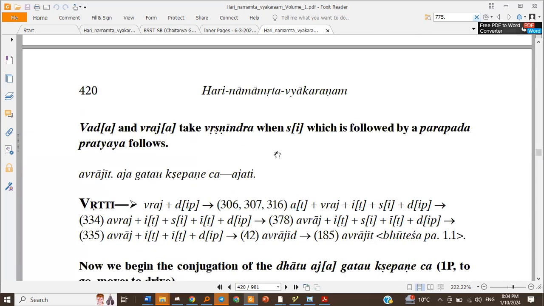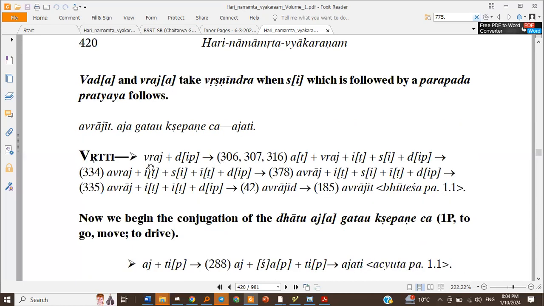So they take Vrishnendra when C, which is followed by a Parapada Pratyay, follows. Like Vraj and Dip, Dhatu Puramat, Sir Bhuteshe, Itram Dhatuke. So the sutra says Vada Vraja Yor Vrishnendra Sau Parapade. When we have C followed by a Parapada Pratyay, then these two dhatus will take Vrishnendra.